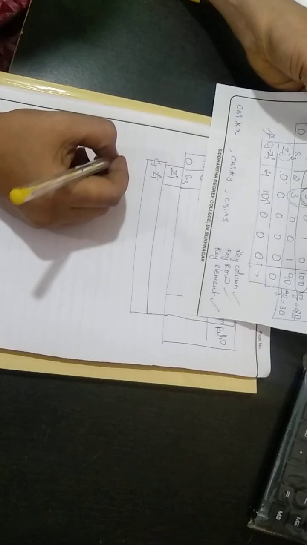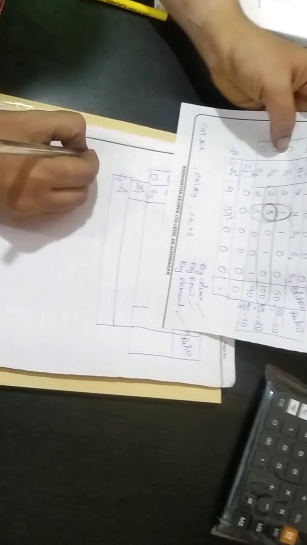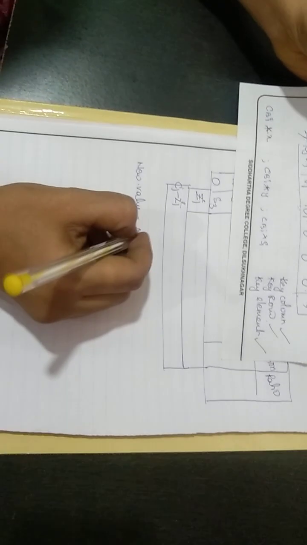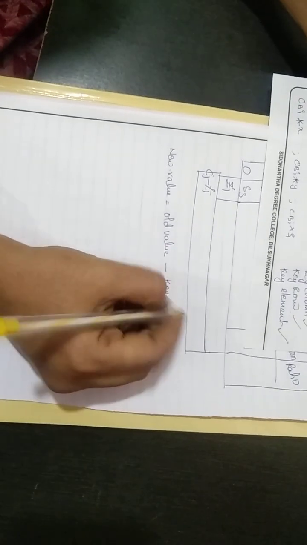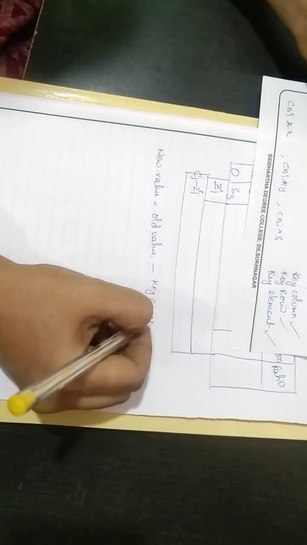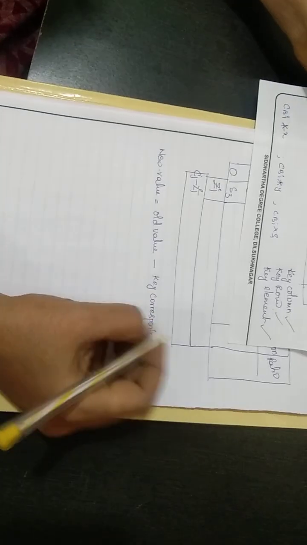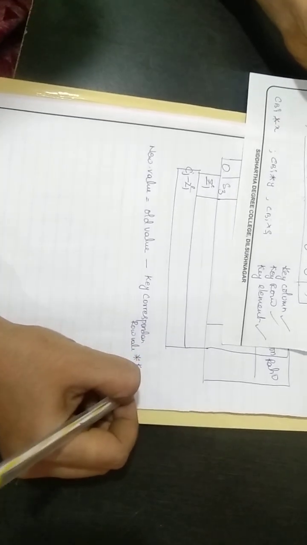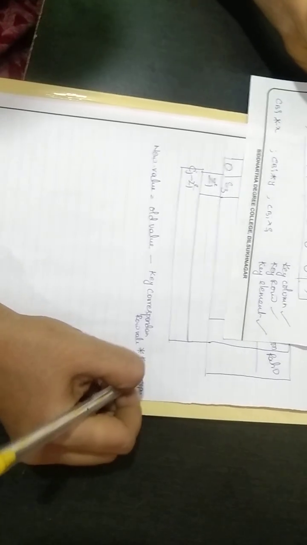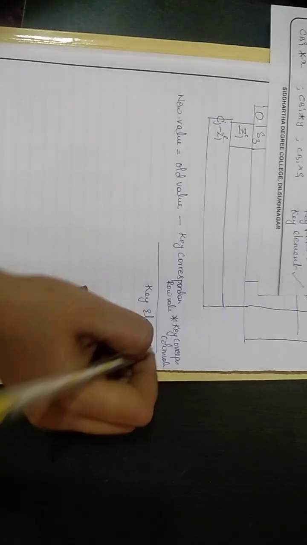The formula for new values is: new value is equal to old value minus key correspondence row value multiplied by key correspondence column value, divided by key element.